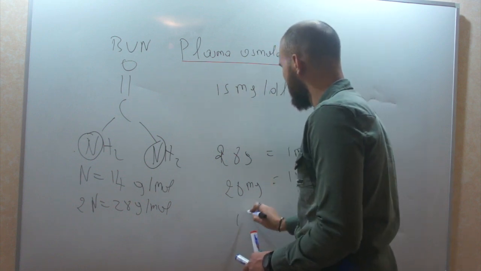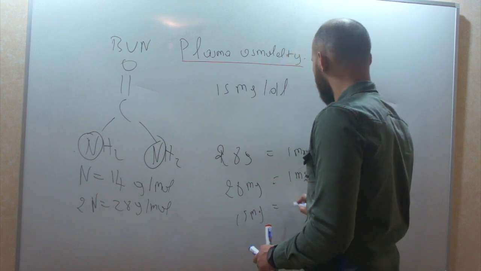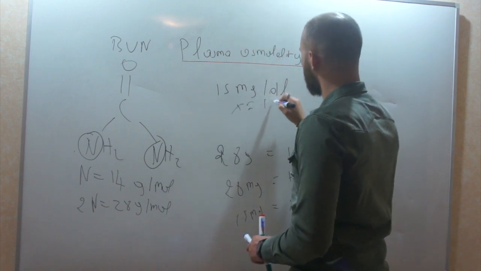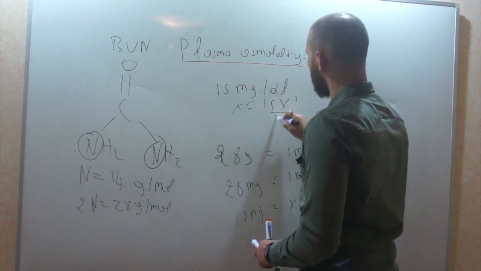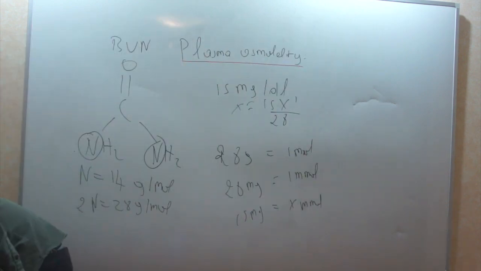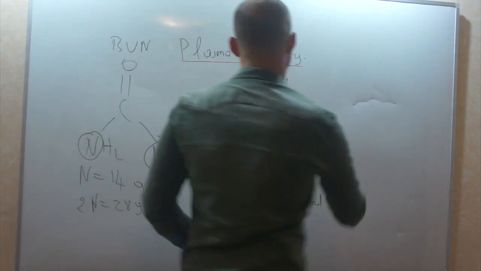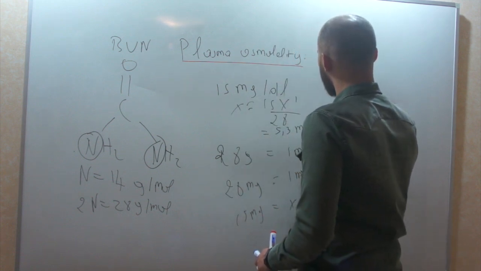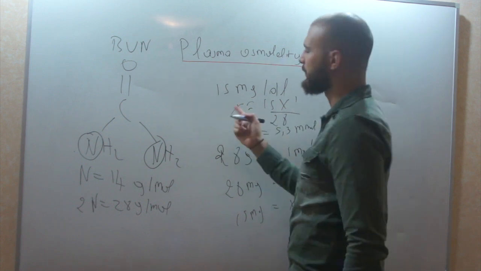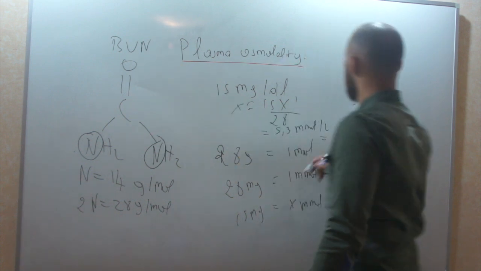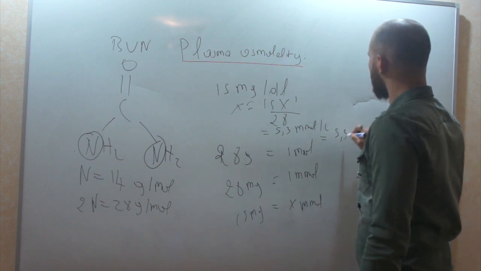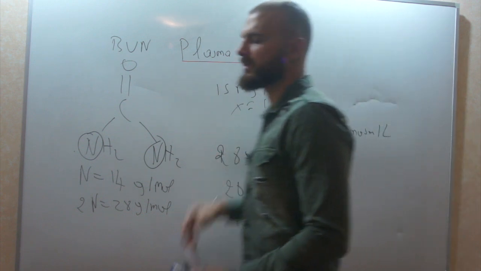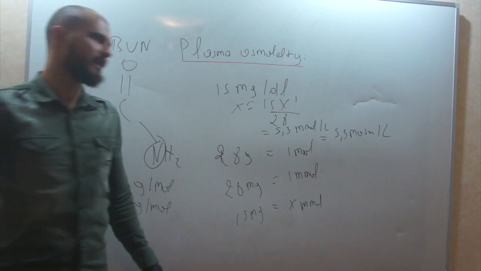So if you have 15 milligrams of urea, it's x millimole, and we end up again with x equals 15 multiplied by 1 divided by 28. If you look at the answer, it's 5.3 millimole per liter. It's one particle, urea gives just one particle. So it's 5.3 milliosmol per liter. So that's the osmolality of blood. Let me calculate it now.